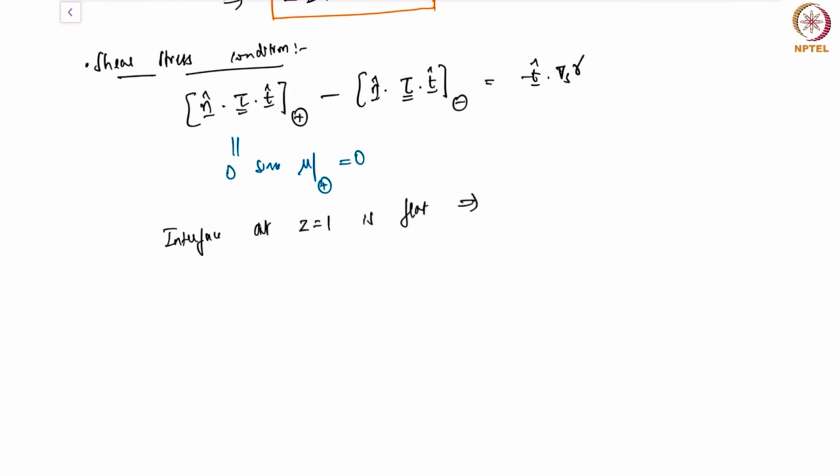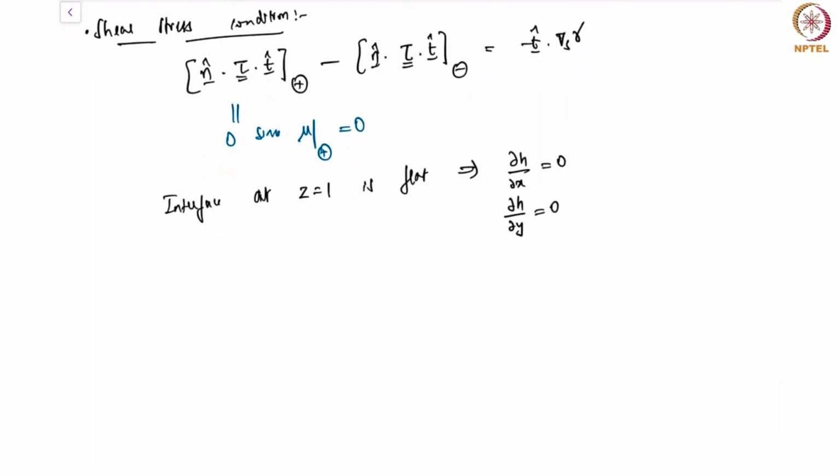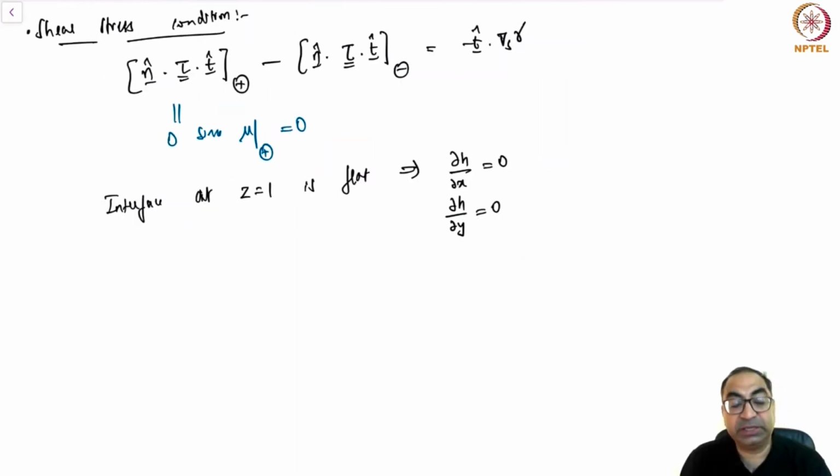It means that the derivatives of h with respect to space, that is del h by del x is 0, del h by del y is also 0. These are basically the derivatives of h with respect to the horizontal coordinates. Okay, and what we want to now do is to evaluate this term n dot tau dot t for this problem, and I would like all of you to try and evaluate this expression for a flat interface.